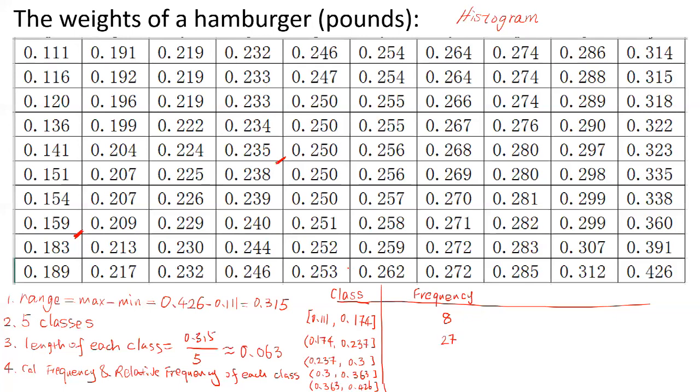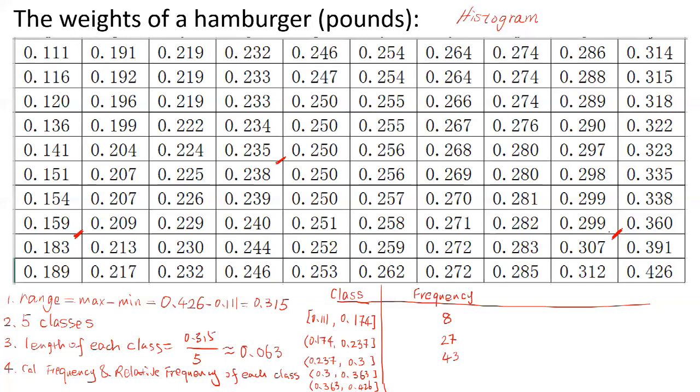The third class is up to 0.3. 0.3 is here. So basically we have 43.